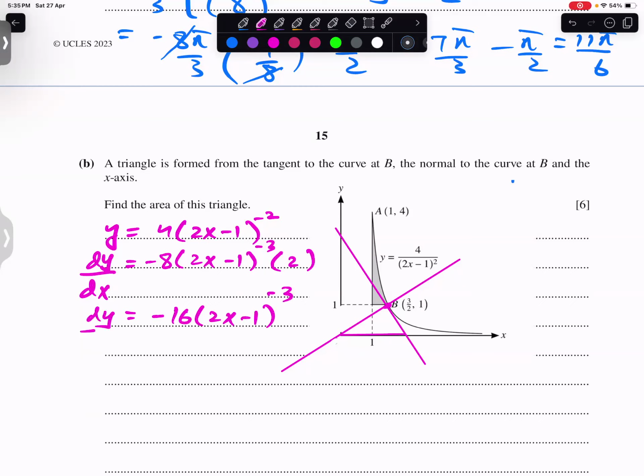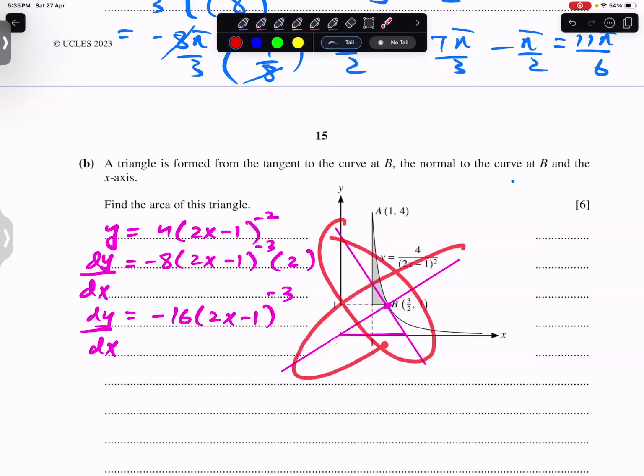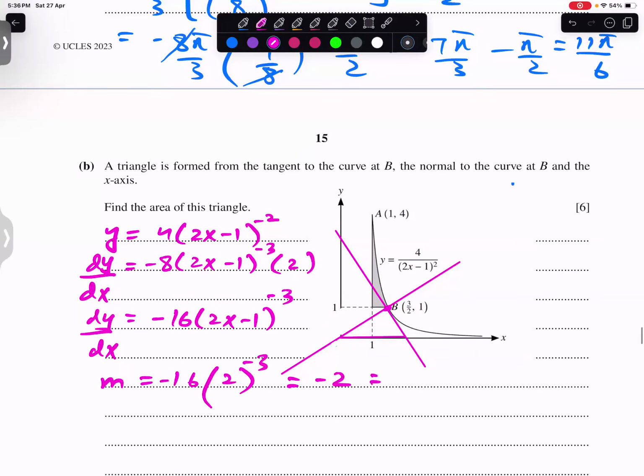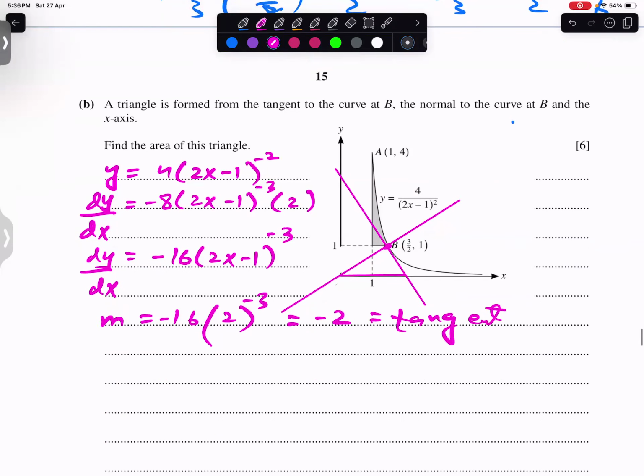Clear, Ahmed? Now we find the gradient of the tangent. This is the tangent and this is the normal. Before finding the gradient of the tangent, we will put x = 3/2 inside. So -16 into (3 minus 1), the 2 cancels, so 2 raised to power -3, and that is 1/8, so -2. This is the gradient of the tangent, and 1/2 will be the gradient of the normal.